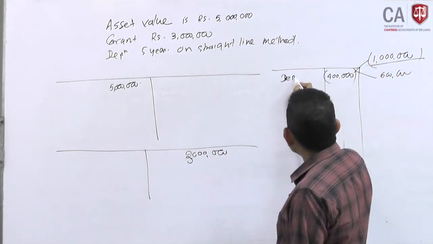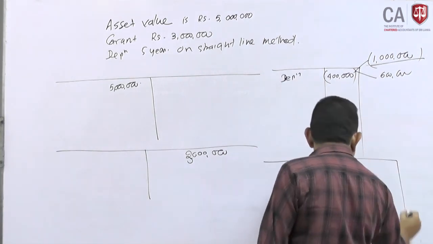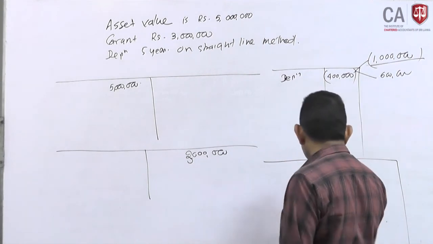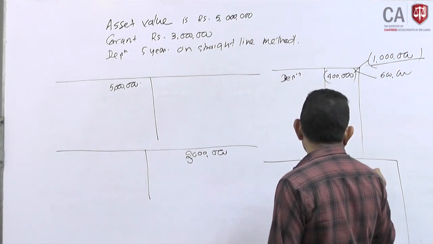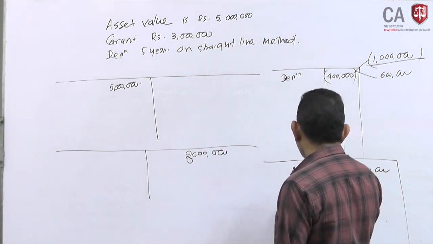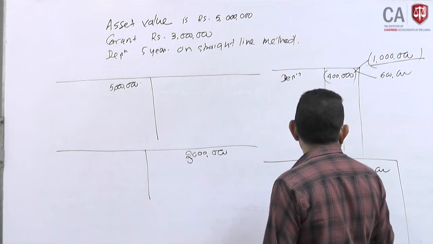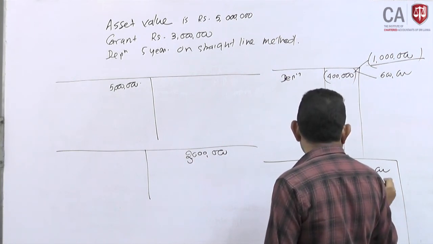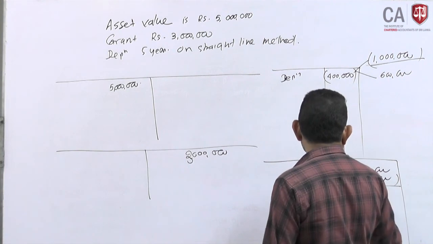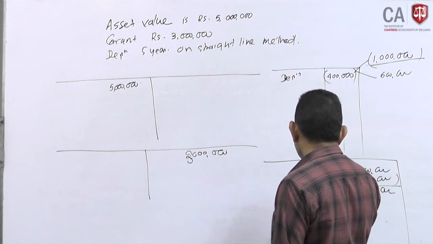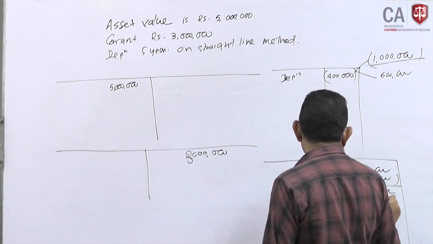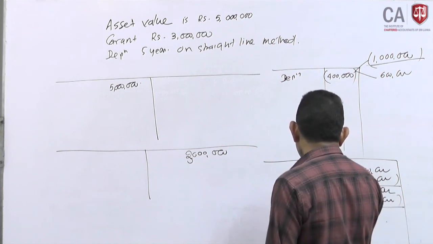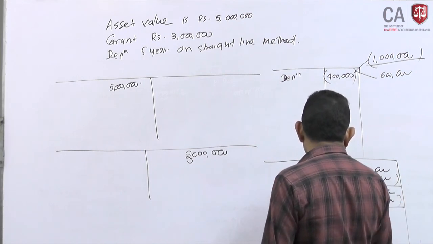And let us see the presentations in the balance sheet. Asset value 5 million minus the grant 3 million, asset value 2 million minus cumulative depreciation of 400,000, written down value of the asset should be 1.6 million.